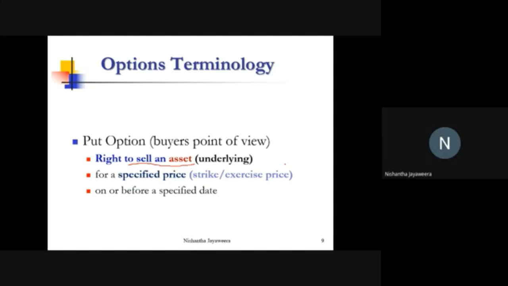The only thing is that the premium is paid by the buyer to the seller. There's no payment from the seller to the buyer at the beginning. That's only one way. With the profit or loss, if one party profits, the other party loses. That's a very obvious thing. So always think from the buyer's point of view. If the option buyer is going to sell the underlying asset, the option seller has to buy the underlying asset.